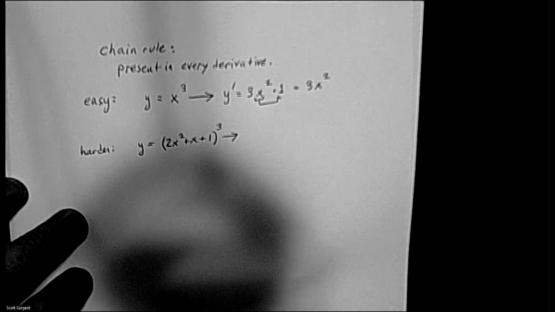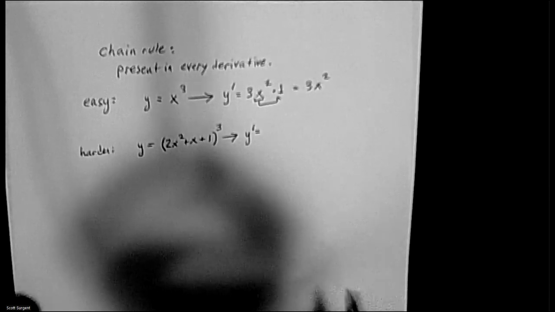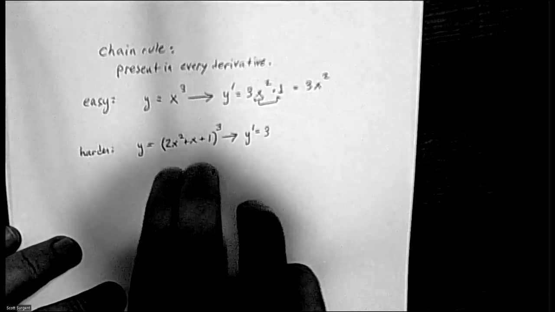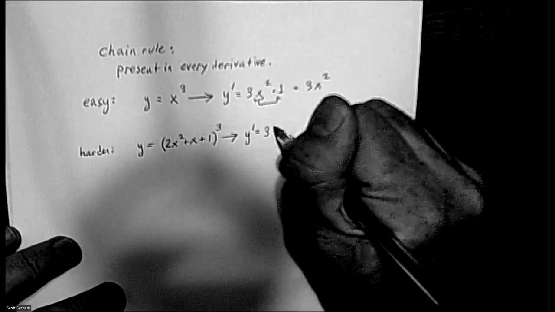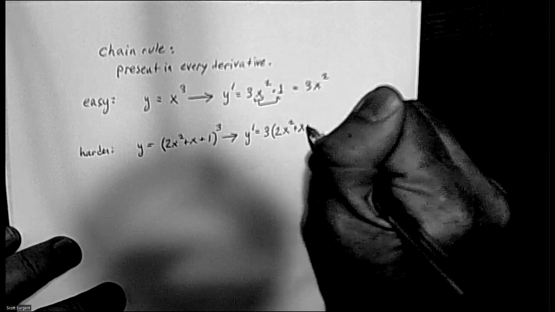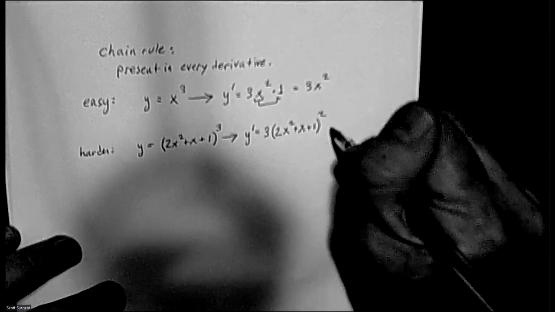So you're still going to use the power rule in this case, and basically, you work outside in. So it's something cubed. Bring the 3 down, just write the base without any changes, to the square now. Okay, that takes care of the outer derivative. That's the power rule part in this case.